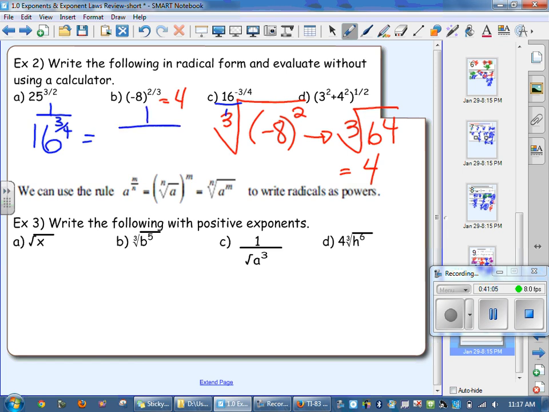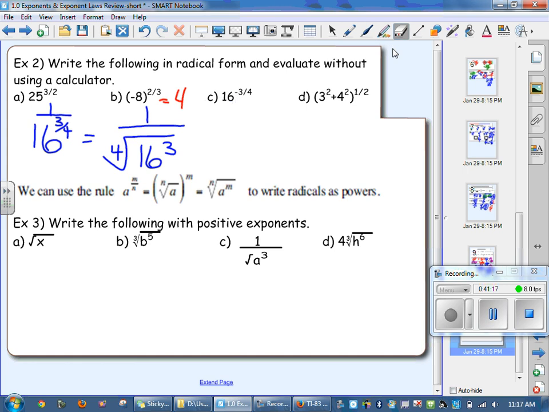So now this becomes 1 over the 4th root of 4096. We have to solve under the radical, so you have to actually go 16 cubed. That'll give you 4096. Now we can take the 4th root of this. Taking the 4th root of that, I'm going to get 8. So that means my answer is 1 over 8, or 1/8. So the answer to C is 1/8.